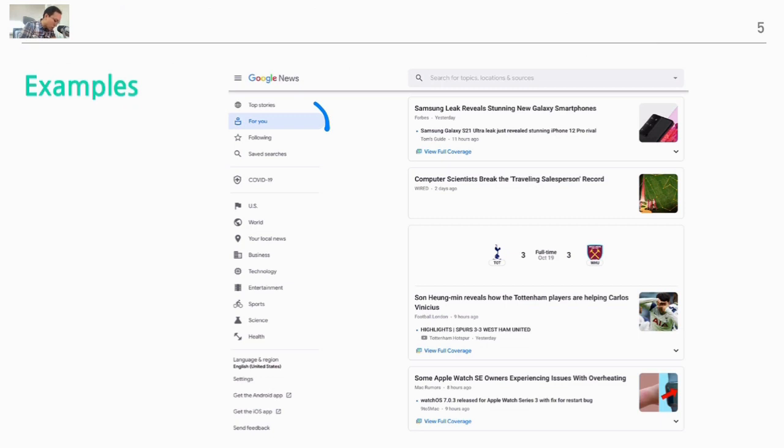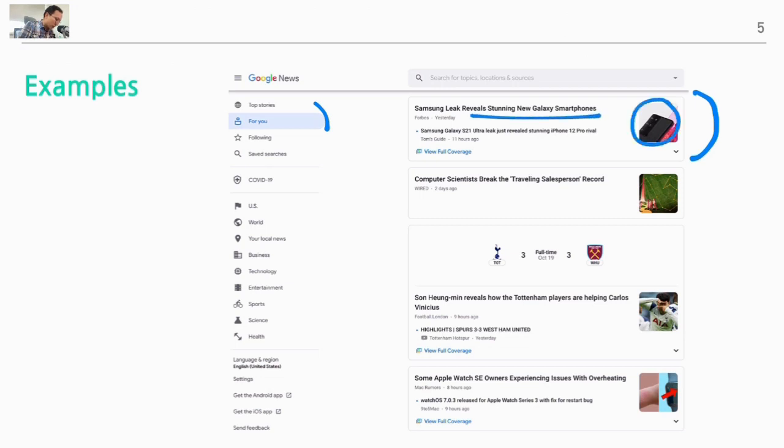They cluster, for example, all the Samsung Galaxy phone information in one cluster, and they just show the representative one. For example, based on the view count, they sort the news articles in the cluster and pick the hottest one and show the figure and the article.